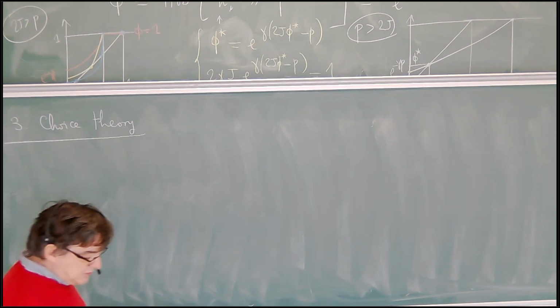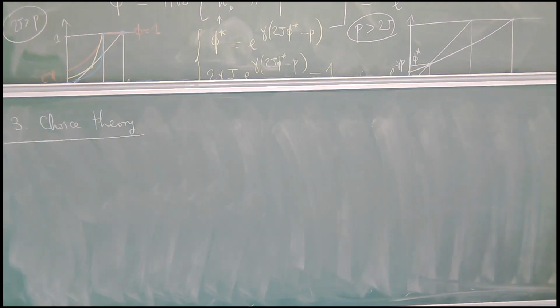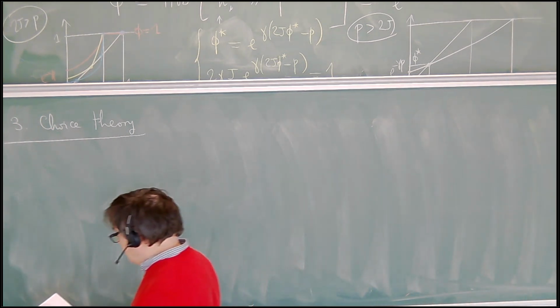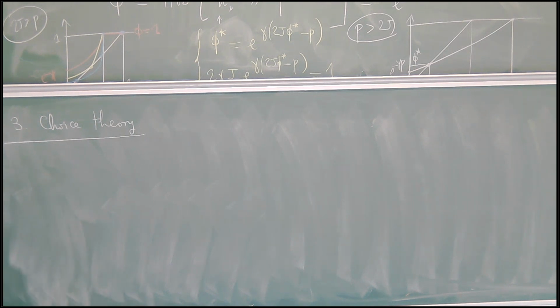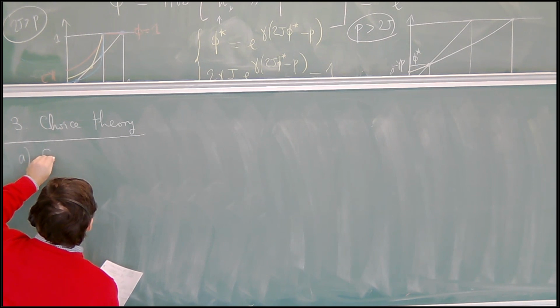Okay, but we want to generalize that and introduce a little bit of possible noise in the decisions that people take. And so what people have introduced is this choice theory framework, which, as you're going to see, is very close to things that we know from statistical mechanics. So for the moment, I'm going to consider a single agent.